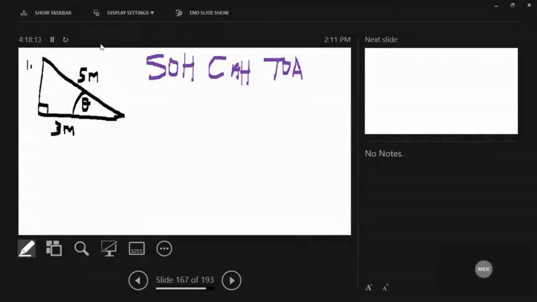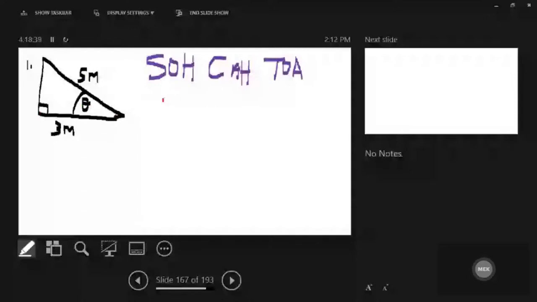So we have theta here, and we have this side, and we know we have the hypotenuse. We know that. So then let us see. So this is theta. We have the adjacent side and we have the hypotenuse side. We need to find theta.